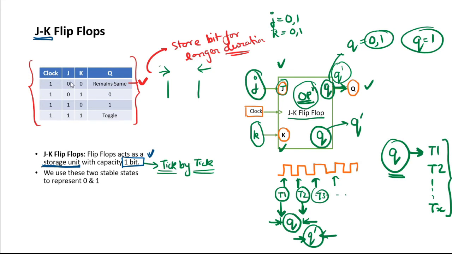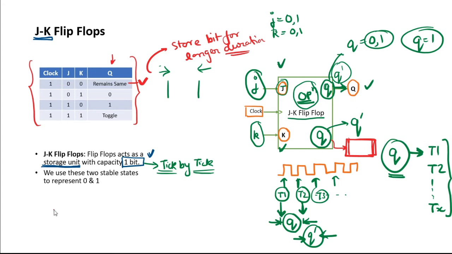Whenever there is a clock and j and k have different combinations, whichever combination is coming through j and k will decide what will be the value of q. It defines whether we will be proceeding with the value which was previously there, or we will be writing the value or the bit inside the JK flip-flop. So this is how a JK flip-flop works.